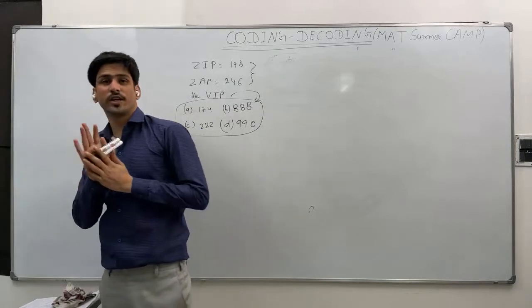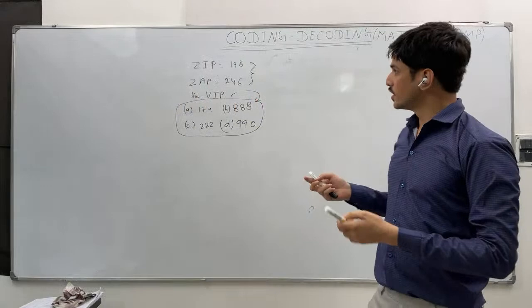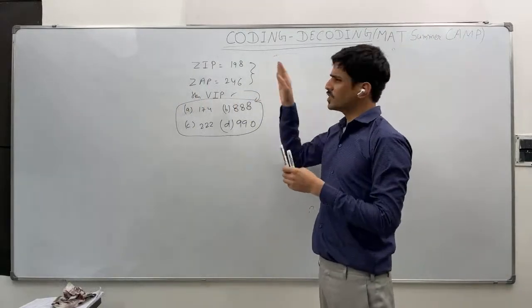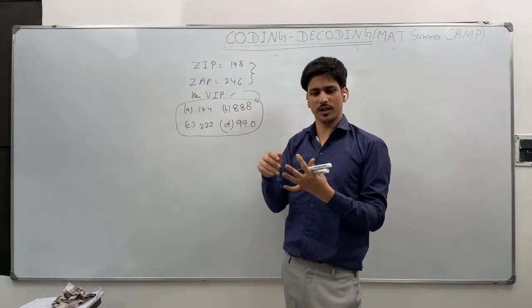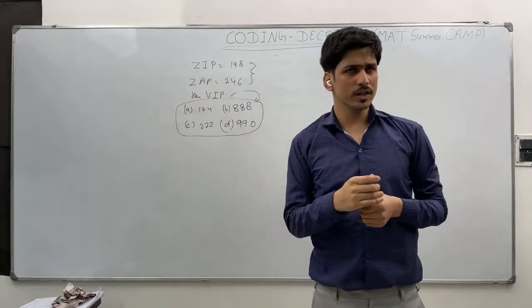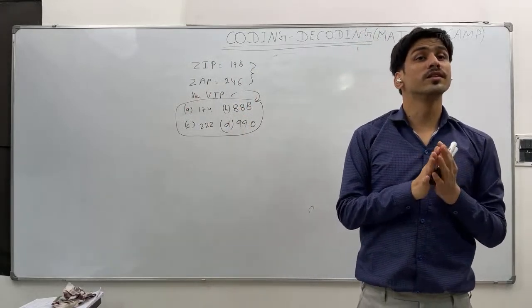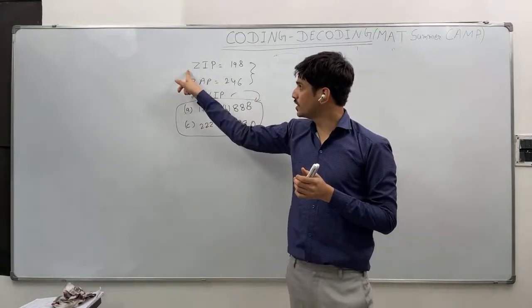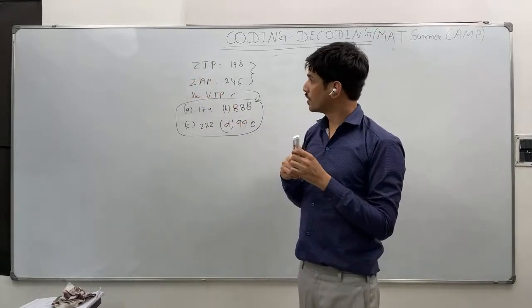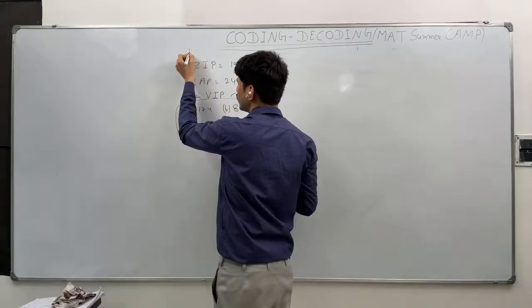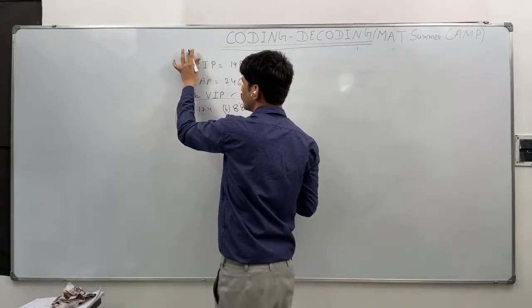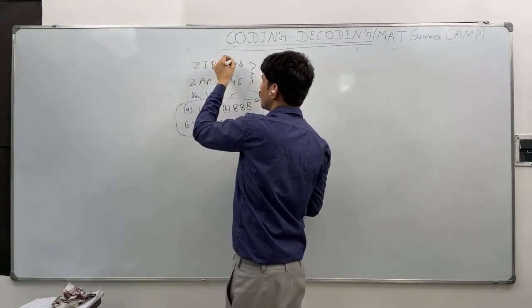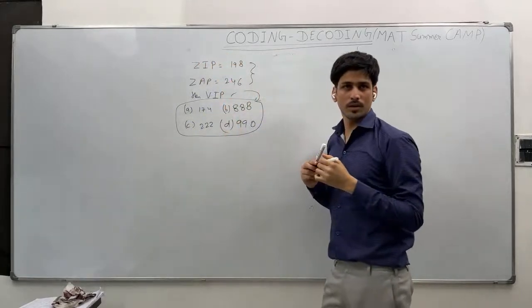This one is a little tricky. What they have done is, at first instance, you won't be able to get it, it's a little difficult. Z is one. 1 into 8 is 8.